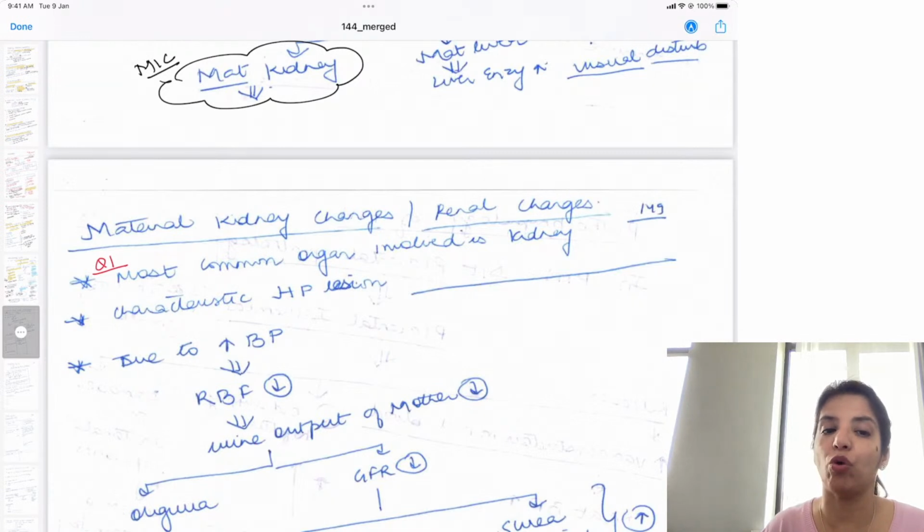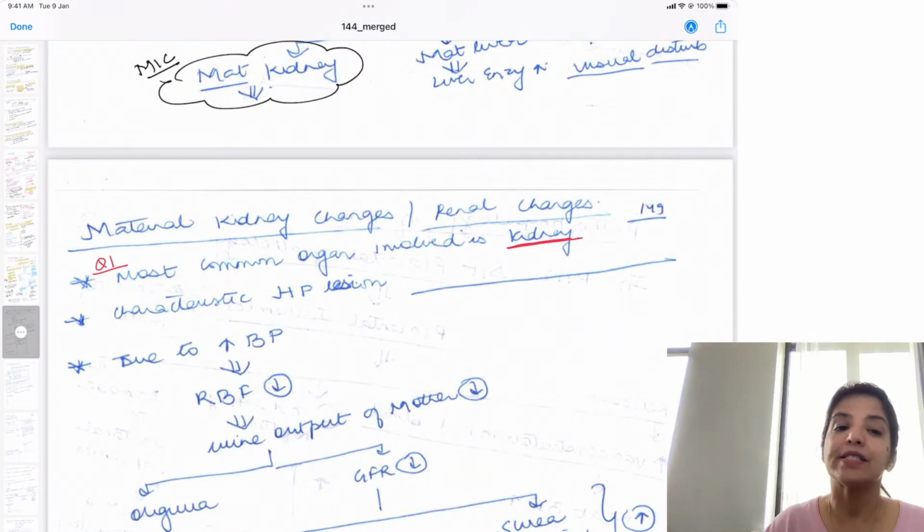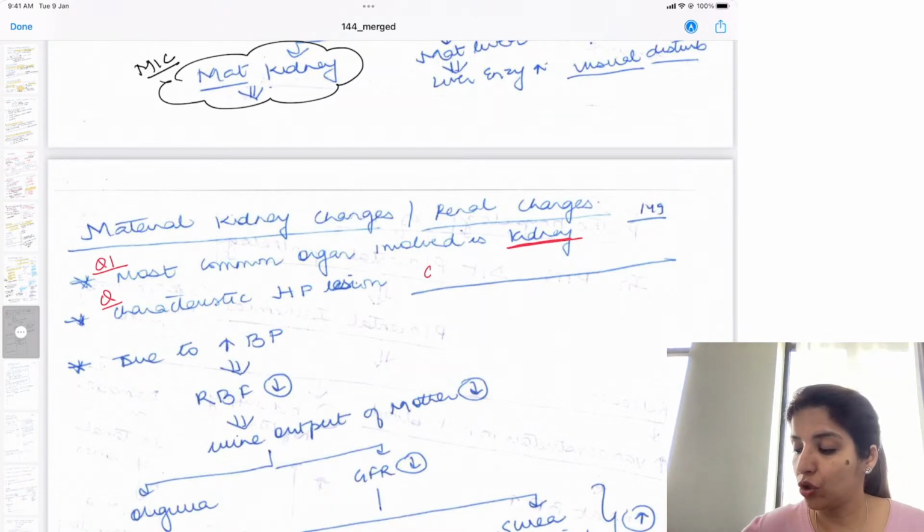Most common organ involved in the mother due to PIH is kidney. That's a very, very important question. Second important question is, what is the characteristic histopathological lesion of PIH? So the characteristic histopathological lesion in the kidneys is glomeruloendotheliosis.